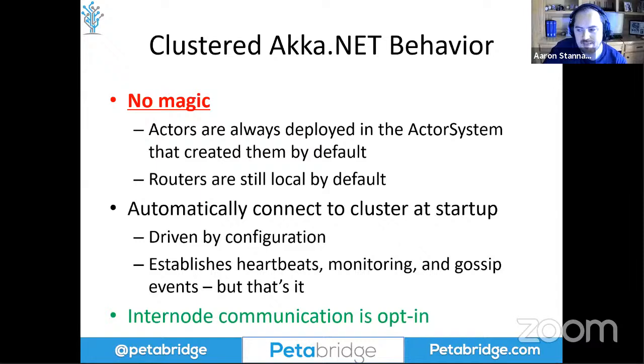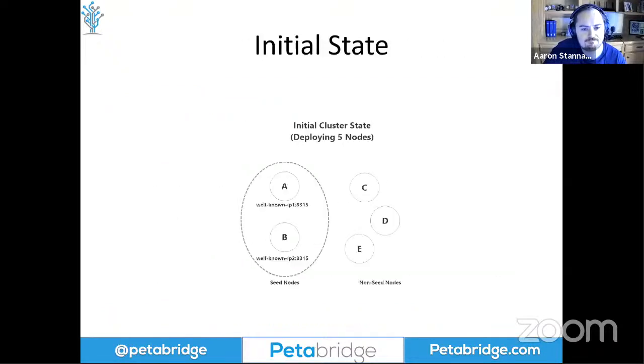The other bit is that internode communication is always opt-in. In order to communicate with other nodes inside the cluster, you either have to receive a message from another node, in which case you might choose to respond to it, or you have to proactively communicate with another node of the cluster through a tool like a clustered router or distributed pub sub.